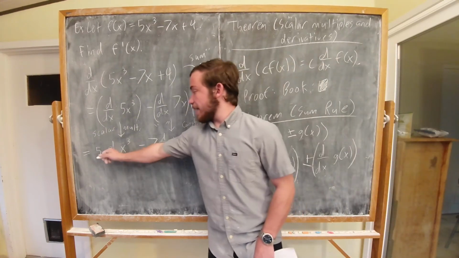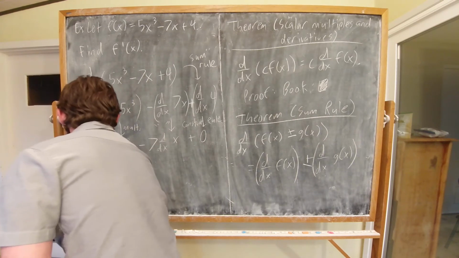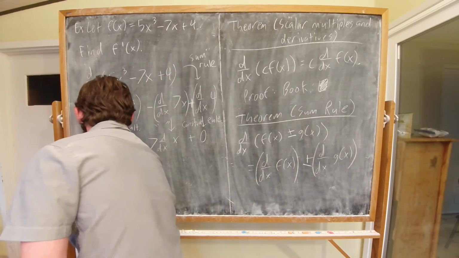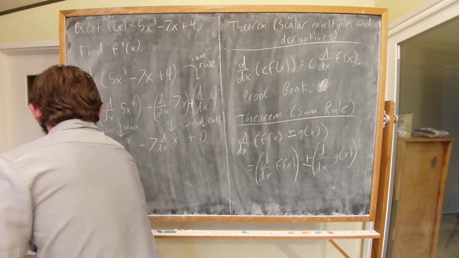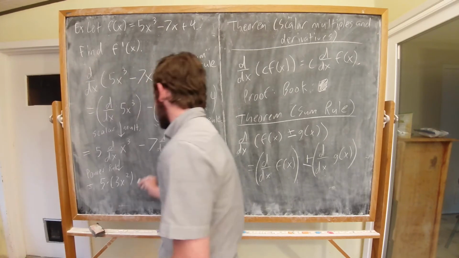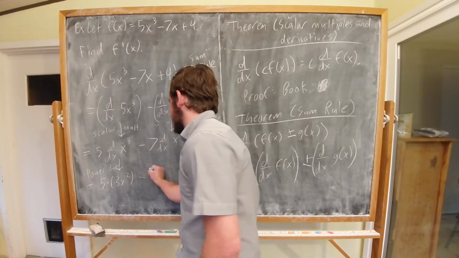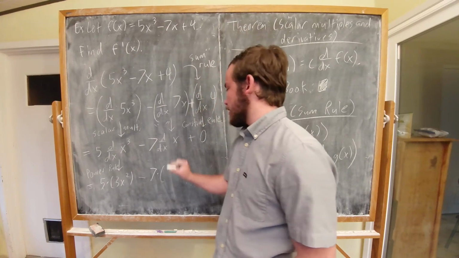Okay, so we have 5 times the derivative with respect to x of x cubed. That's just 5 times 3x squared, and that's by the power rule, minus 7 times the derivative with respect to x of x.